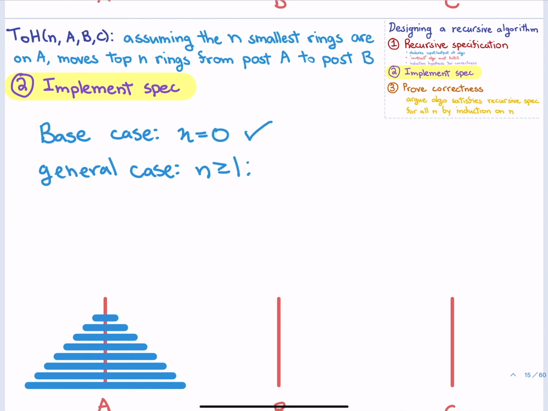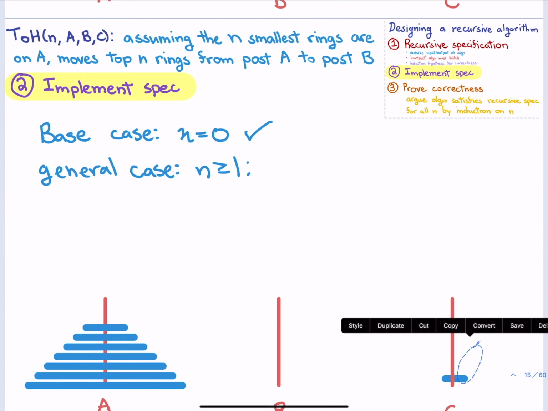Oh, it's not necessarily one. We're just looking at some general n that's at least one. But if you start by moving it to C, then it won't work? Yes, for one.